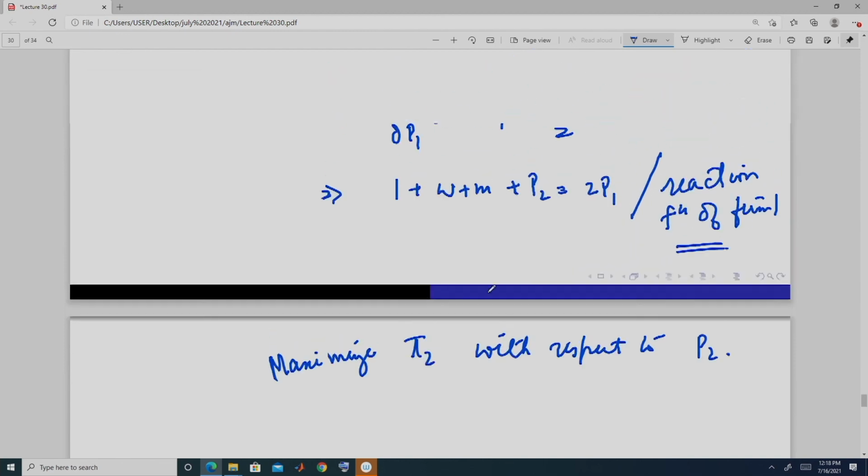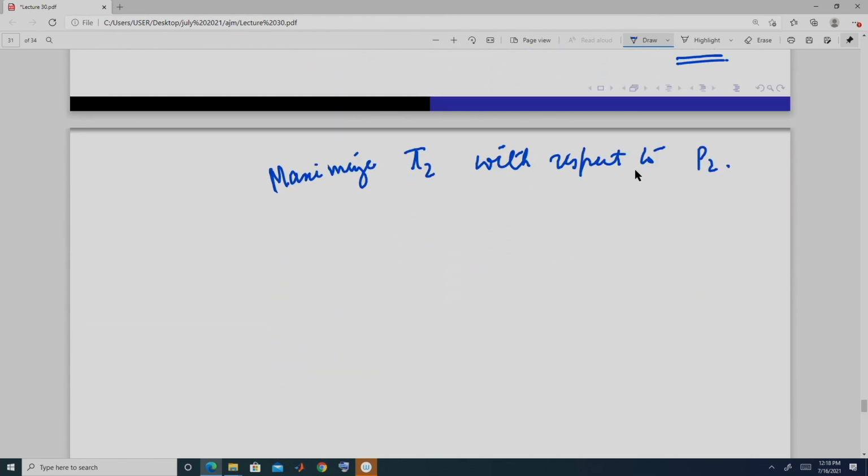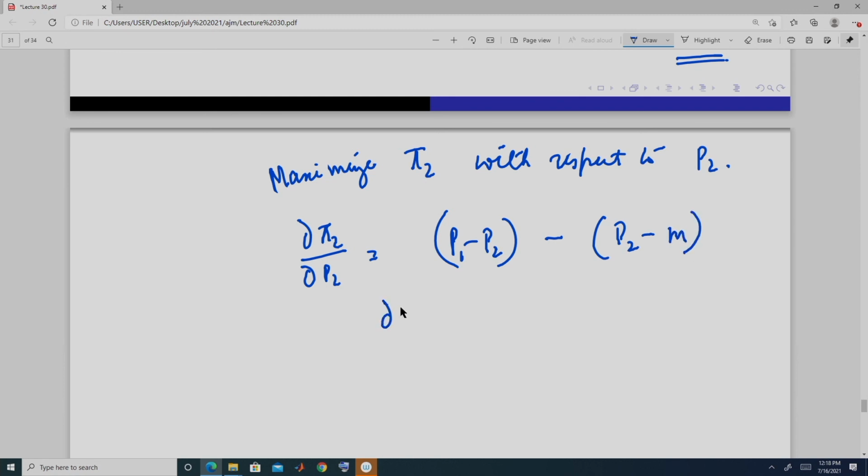Now, here what is going to happen? We know it is going to be this, and this is going to be this. First order condition gives me this is equal to 0.